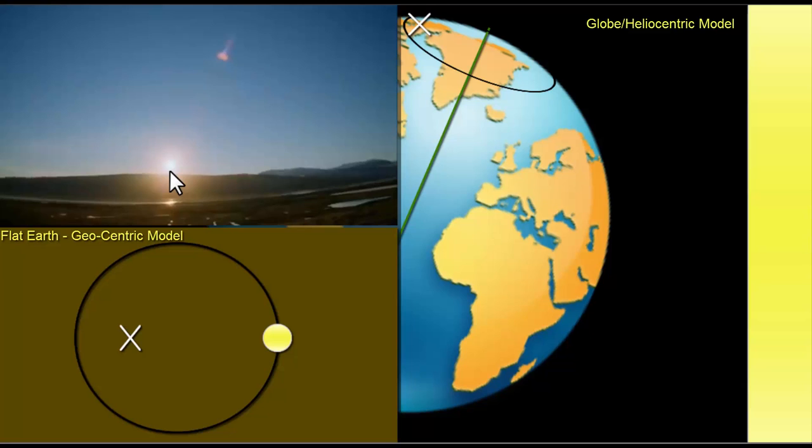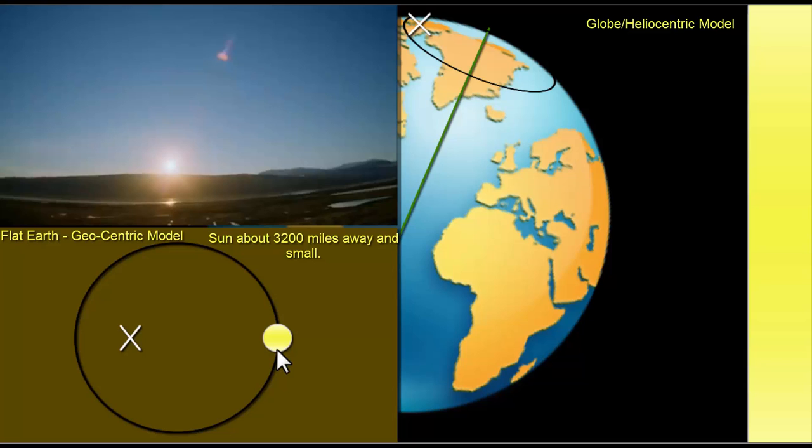Thus, this would be the equivalent of sunrise lower on the globe, or further away from the north point, which is the center on the flat earth model, at least the traditional flat earth model. In any case, we find that the sun on the flat earth model would be the farthest distance away.